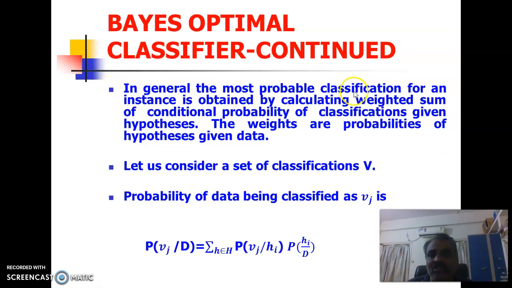In general, the most probable classification for an instance is obtained by calculating the weighted sum of conditional probability of classifications given the hypothesis.